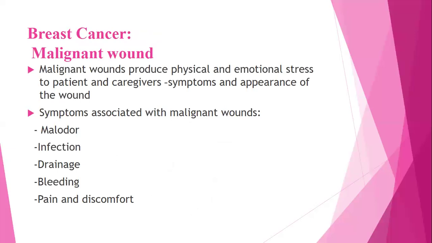I want to go back to this slide where we have seen the symptoms. Malodor. What do you do with the malodor? We have several types of wound care dressings or materials that can take care of odor, like the one I had shown there up, like soap.